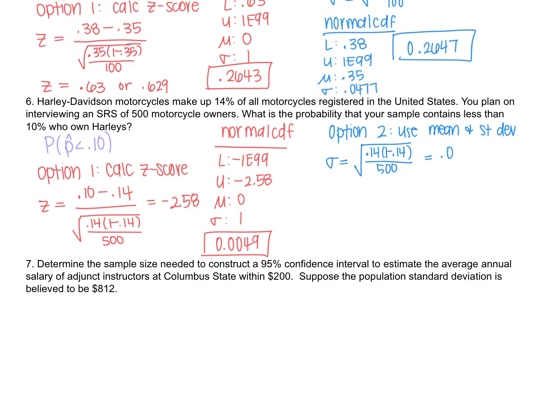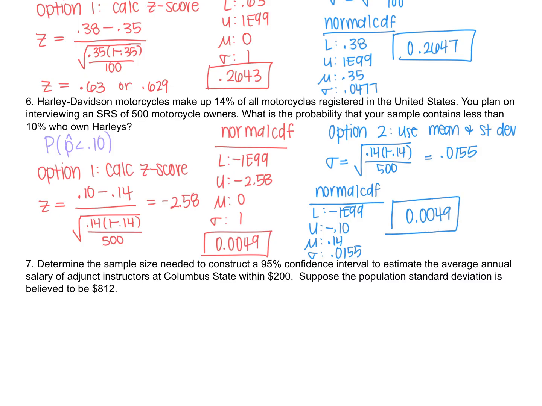And we're going to get 0.0155, which when we plug into normal CDF, we get a lower bound of negative 1E99, upper bound of negative 0.10, mean of 0.14, and our standard deviation of 0.0155. And in this case, because my z-score was larger, it was over 1, rounding 2 decimal places for the z-score actually doesn't change the answer between option 1 and option 2. I'm still going to get 0.0049.